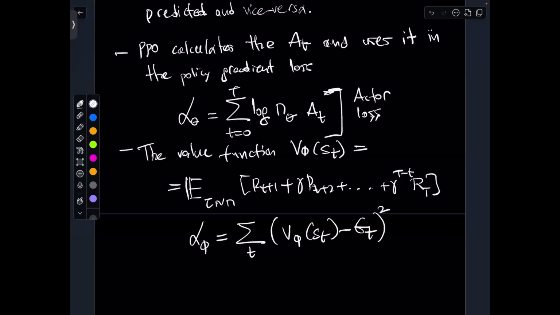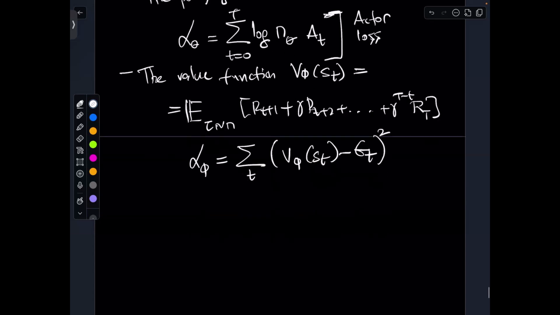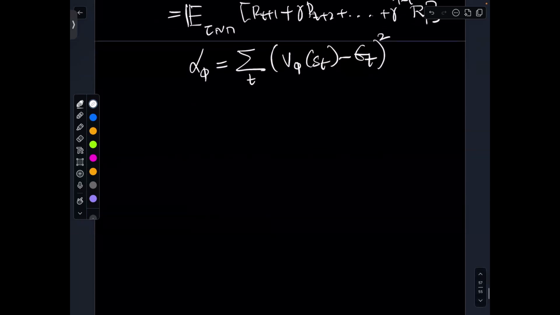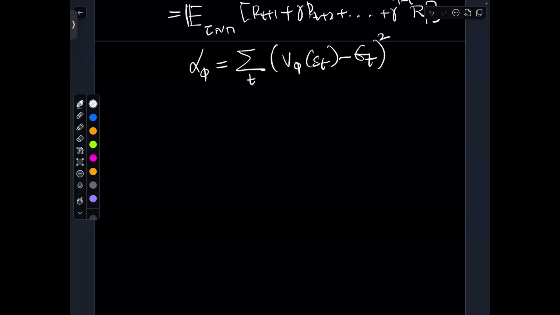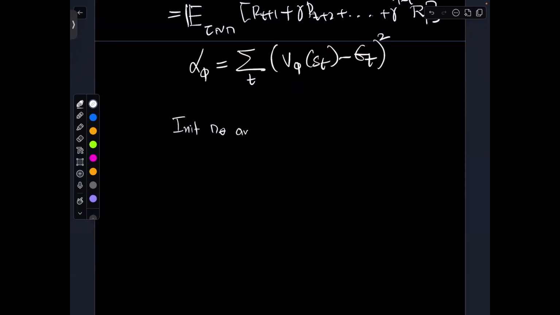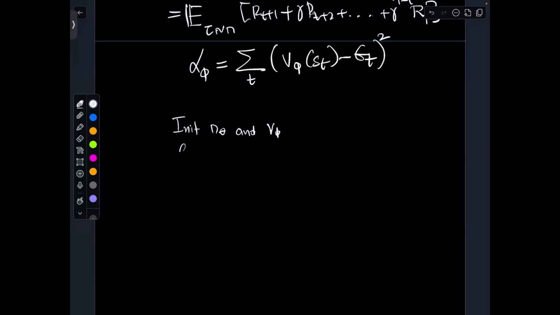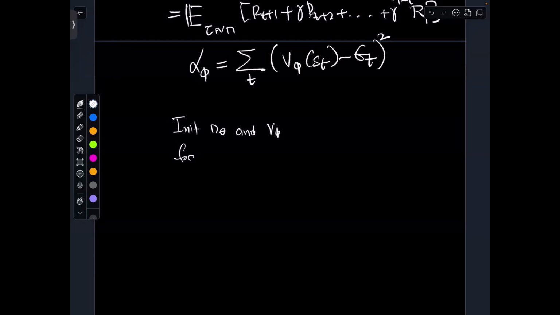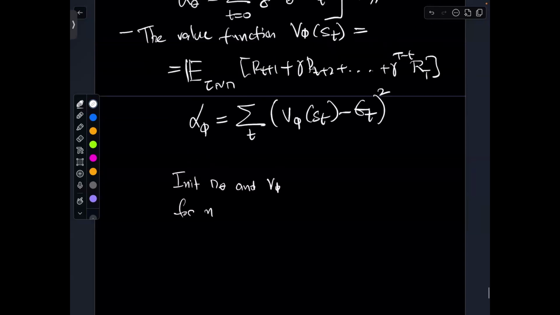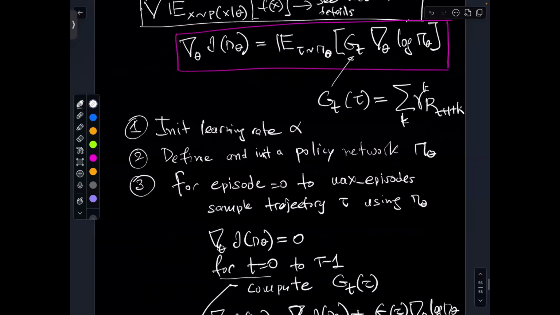And in terms of an algorithm, if you want to draw some pseudo code, we start from an initialization of pi theta and the value V phi, and then a for loop, the same as we had earlier.